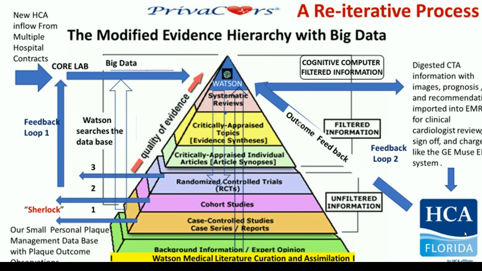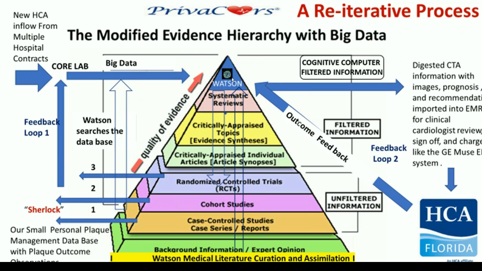And then as that action takes place, that information can flow back as a feedback loop to a supercomputer that then can correlate what the data showed that went in and what the outcome was, and then follow up outcomes based on what the information is.